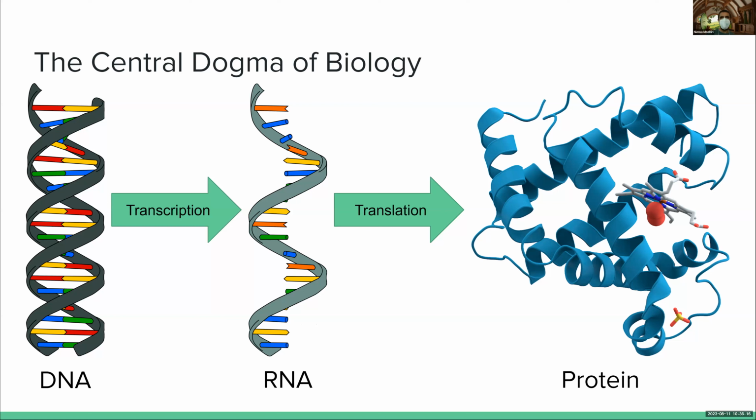Okay. So what is this? The analogy that I like to use is you can imagine a library where you're not allowed to take books out, but you're allowed to read any books in the library, and you can make copies of any pages of the book. So imagine that there's a book in this library that has the instructions for building whatever you want to build. So DNA is like that instruction book.